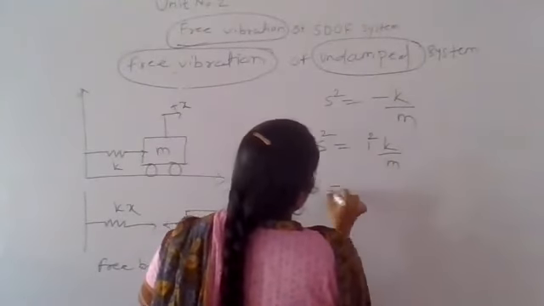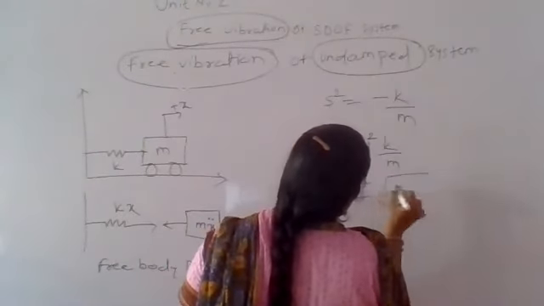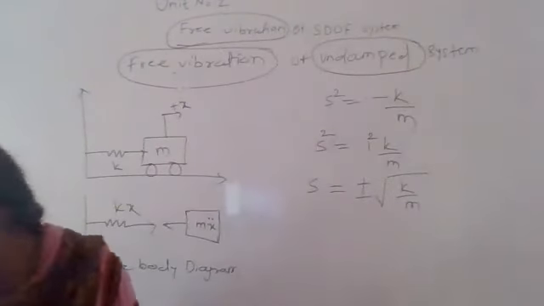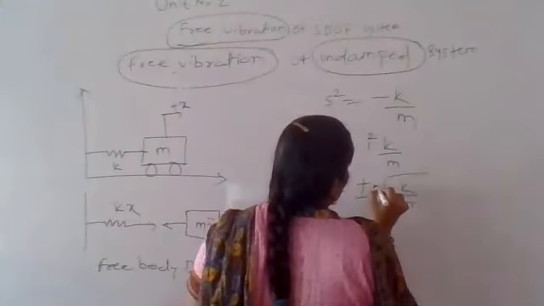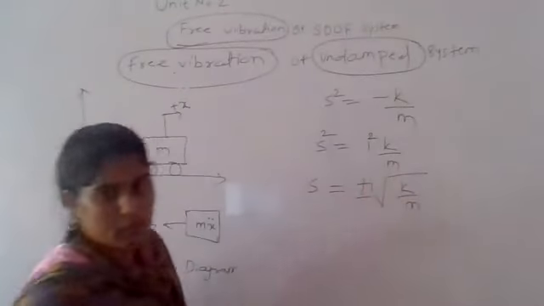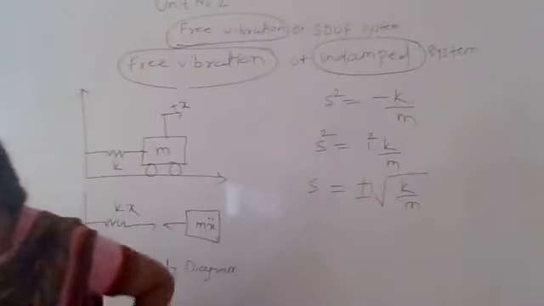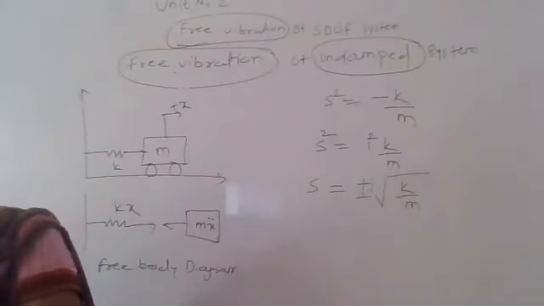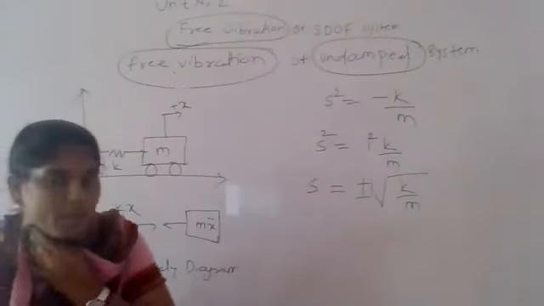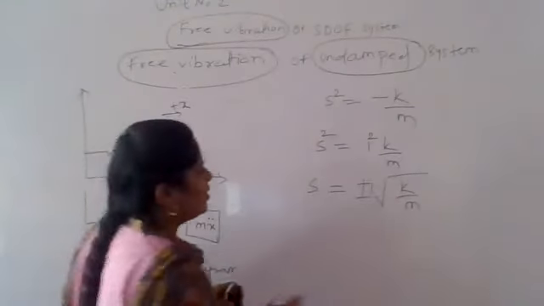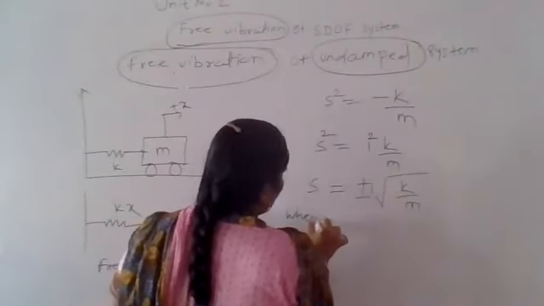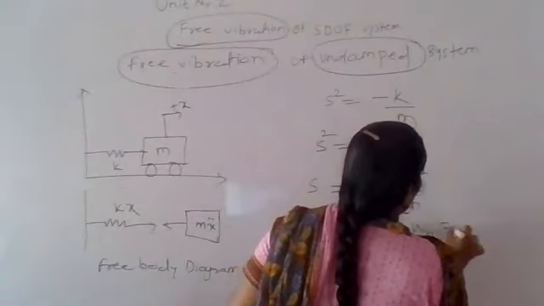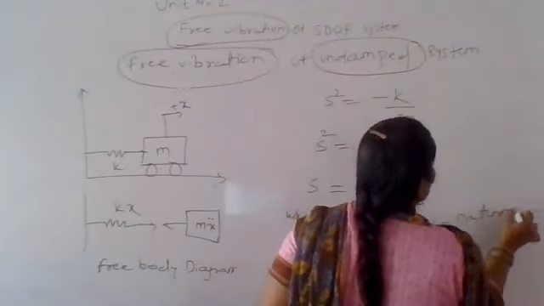Taking the roots on both sides, s is equal to plus or minus I into root of k by m, where root of k by m is equal to omega n, that will be the natural frequency.